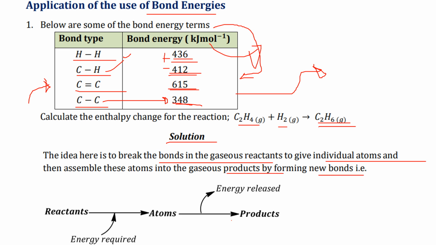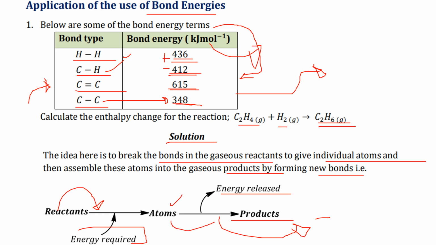Formation of products is going to release energy, and therefore we expect bond energies of products to carry negative signs. And for reactants to undergo a chemical reaction, bonds must be broken, so energy is required to form atoms that can later undergo the chemical reaction to give us products. Now let's look at how the calculations can be implemented.